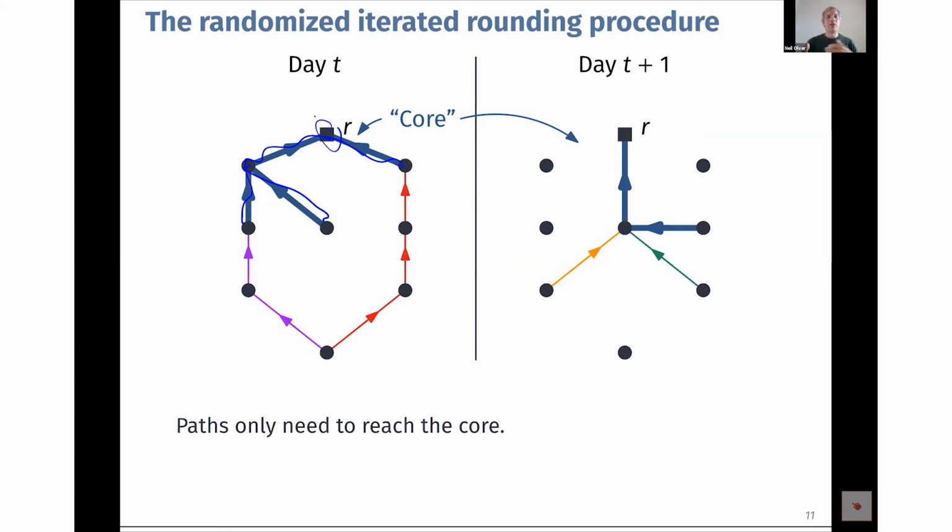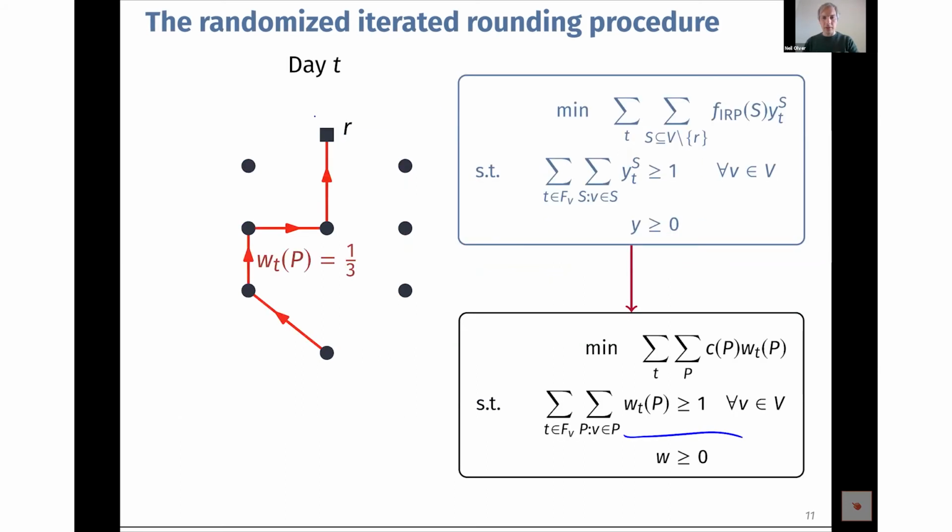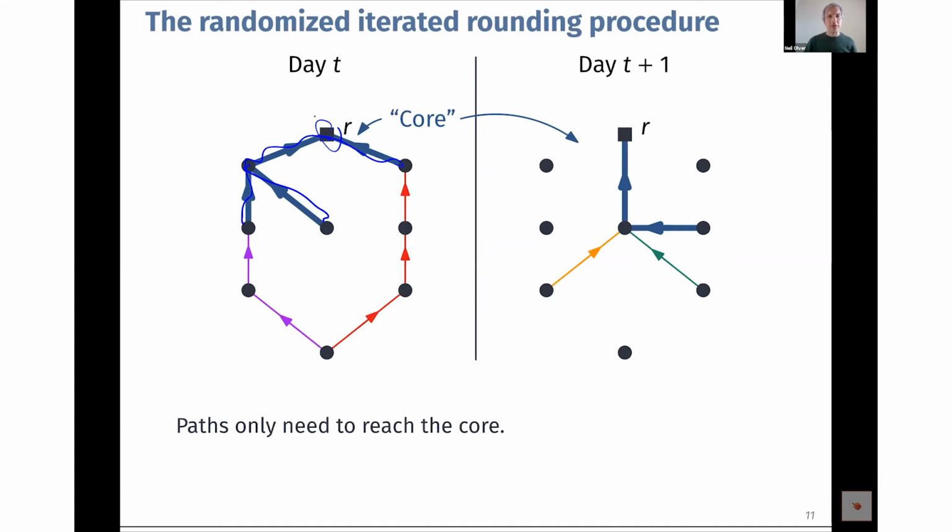Again, we start with a fully fractional solution, which means the core is empty. That's just the solution I described here. And at the end, we're going to have a fully integral solution where everything is in the core and there's no fractional part.